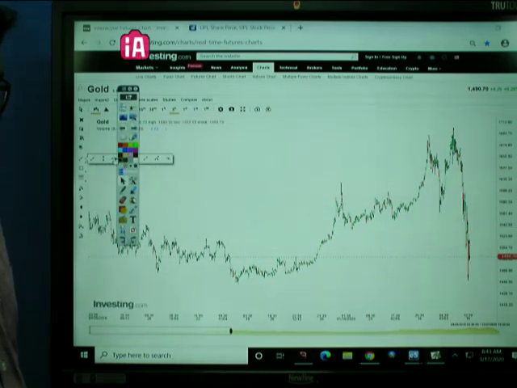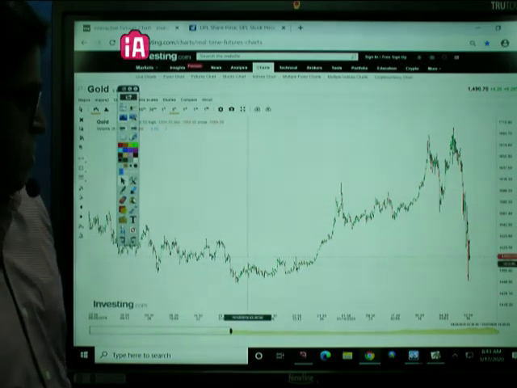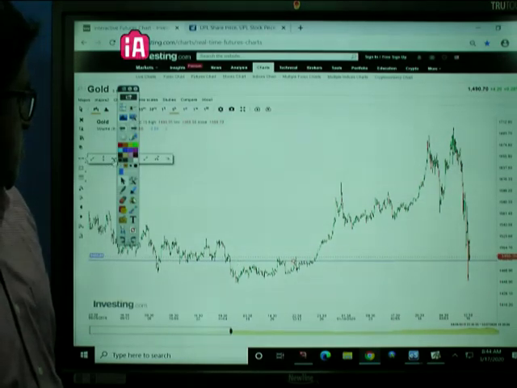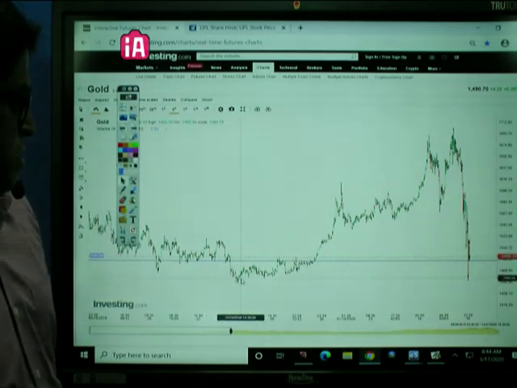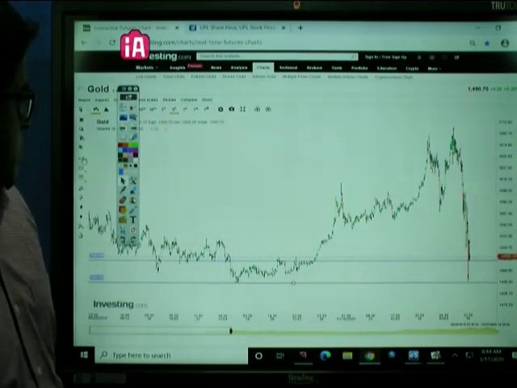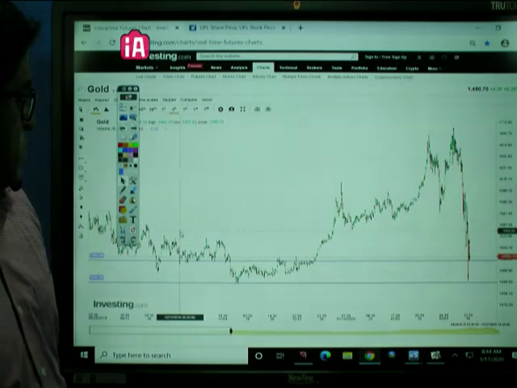Please be patient, we are starting this commodity session after 8:30, so you can come and attend this session. So these are the various levels in COMEX gold.